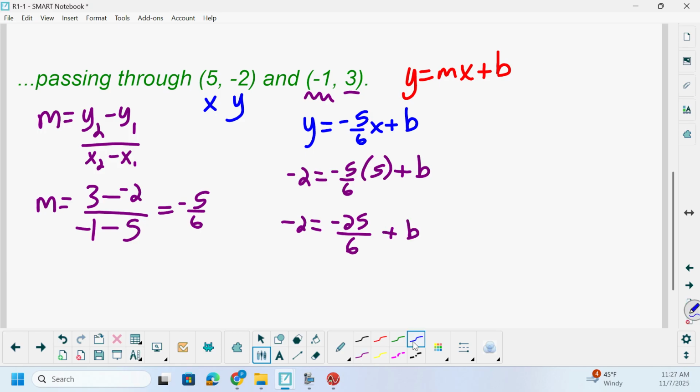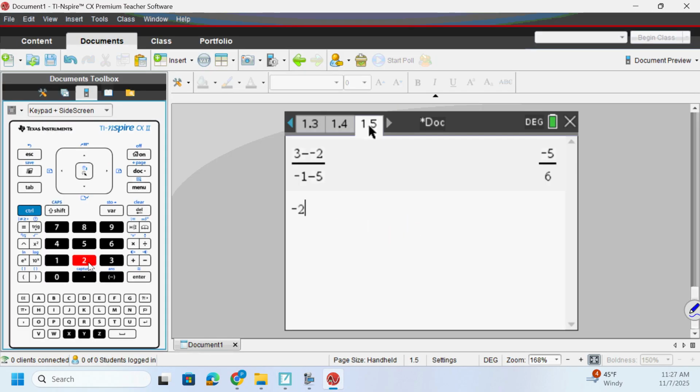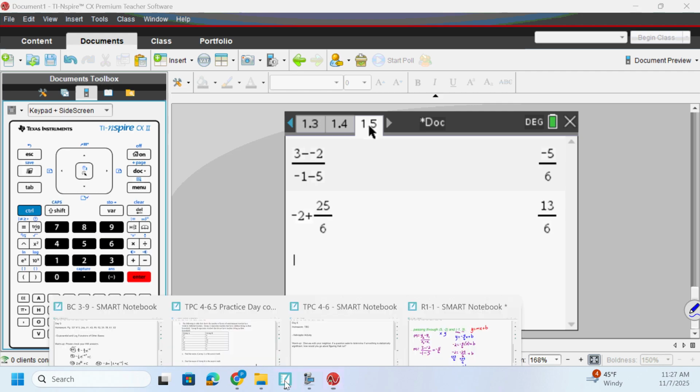Now we're just going to work to get b by itself. We've got a negative 25/6, so that'll have to be added to the other side. So now to find b, you're just going to add your negative 2 and 25/6. Take a moment to do that in the calculator. And we should get 13/6 for that.